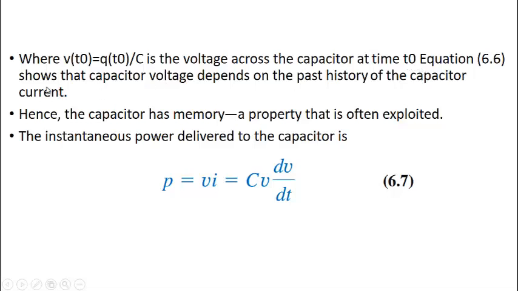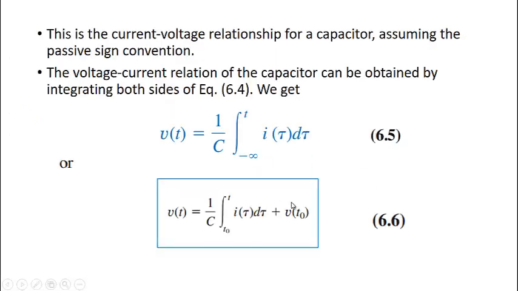So equation 6.6 shows that a capacitor voltage depends upon the past history of the capacitor current. This is very important, because here we are breaking this integral into two parts. One is from minus infinity to t0, which is a constant value, or we can say the initial value at t0, and from t0 to t we have to calculate it, and from minus infinity to t0 its value is equal to v of t0.